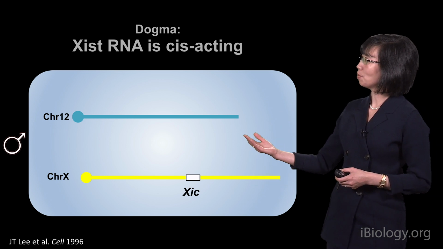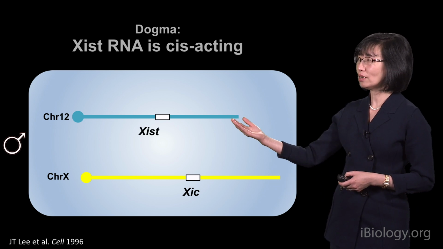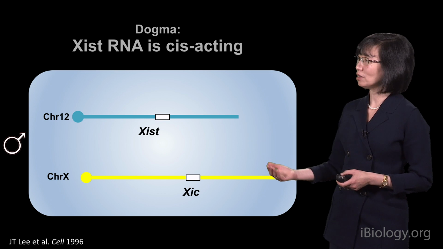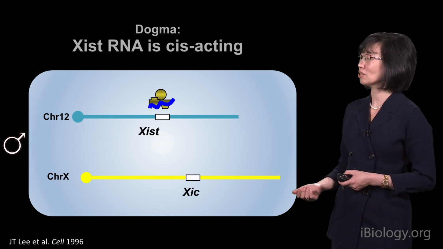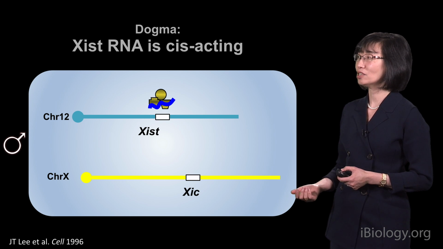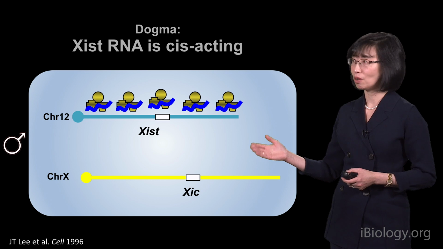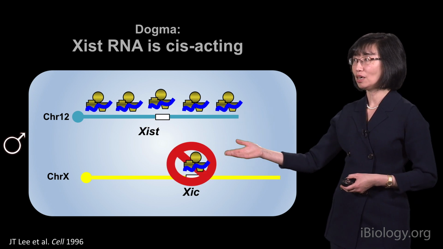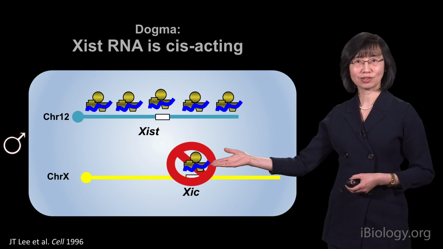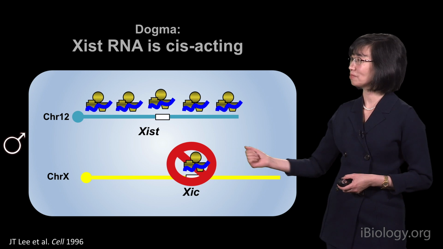So the idea here was to place an inactivation center, or Xist, onto an autosome in a male cell, and we could observe that Xist is produced from this ectopic inactivation center, and that RNA spreads strictly in cis across the autosome without ever diffusing, or so we thought, to the natural X chromosome, which is located in a different place in the genome or in the nucleus.